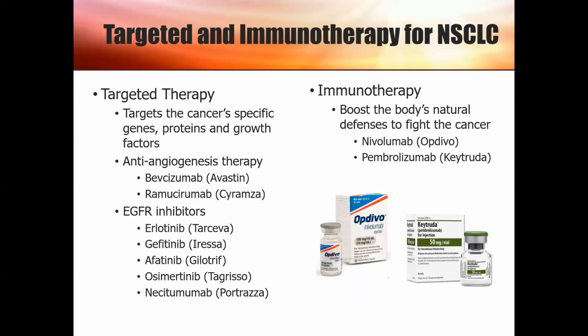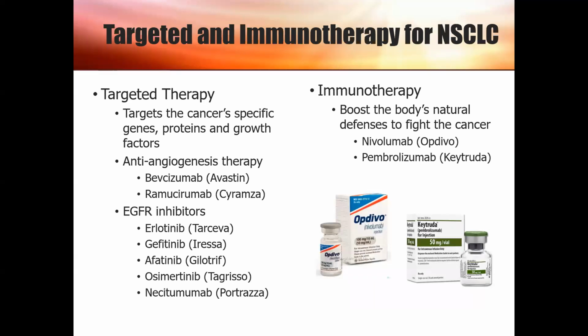The different types of targeted therapy include anti-angiogenesis therapy, which focus on stopping angiogenesis, which is the process of making new blood vessels. Tumors need the nutrients delivered by blood vessels to grow and spread. So the goal of this treatment is to starve the tumor.